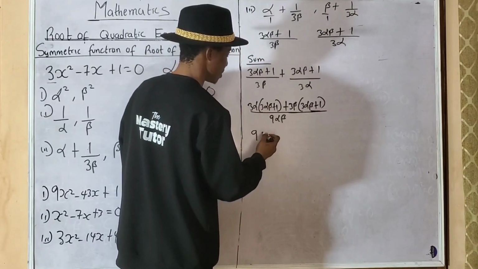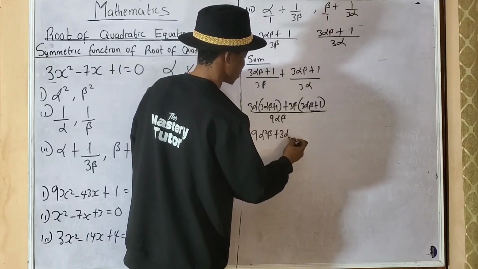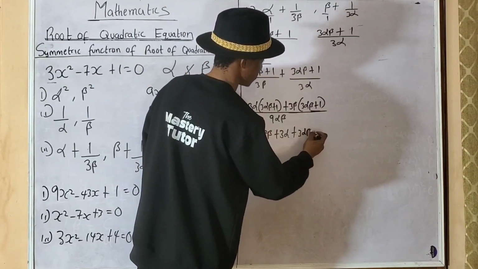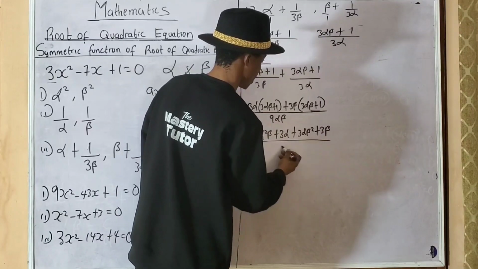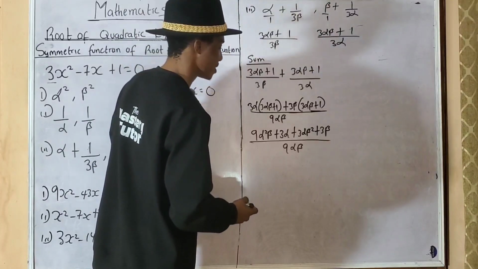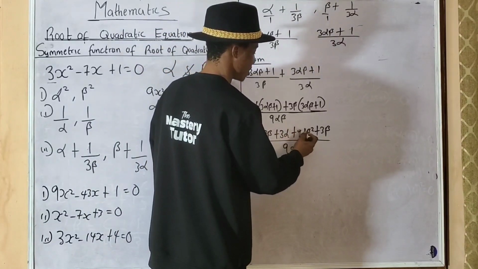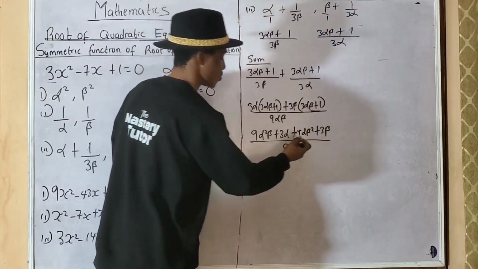I'm going to have 9 alpha squared beta plus 3 alpha plus 9 alpha beta squared plus 3 beta. This will be over 9 alpha beta. Are you following? Okay, now we can rearrange. Oh, sorry, this should be 9, because 3 times 3 is 9. Do you understand?